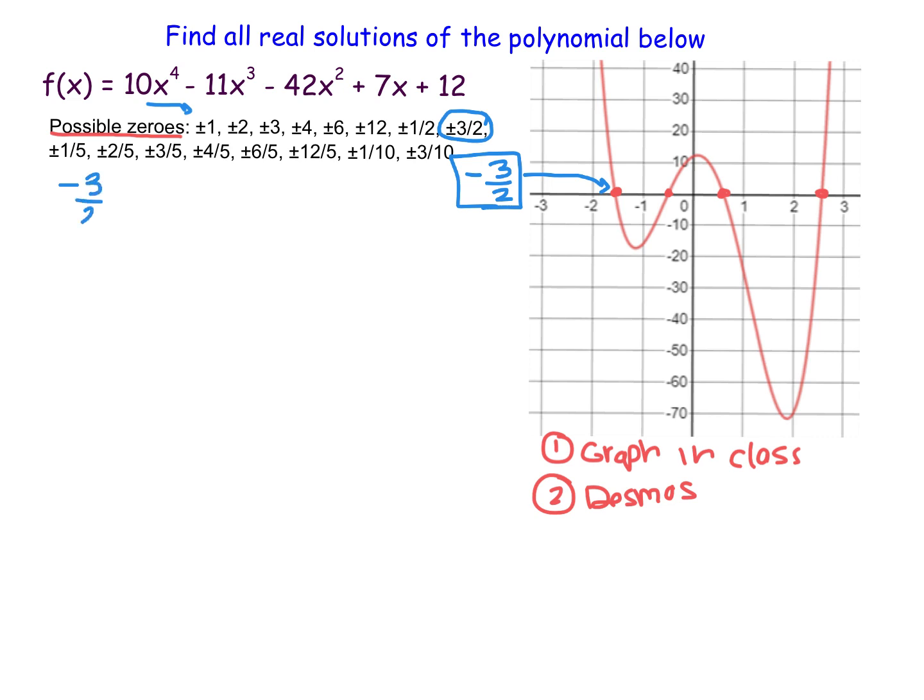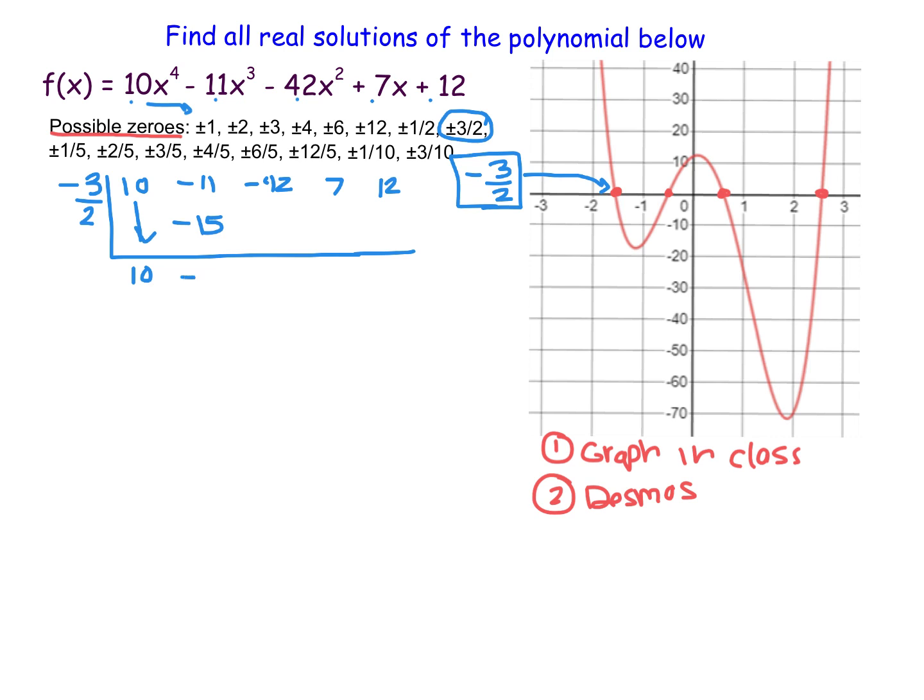So we have -3/2, and then we're going to utilize these numbers here. So I have 10, -11, -42, 7, and 12. So I bring down the 10 here. 10 times -3/2 becomes -30/2, which is a -15.